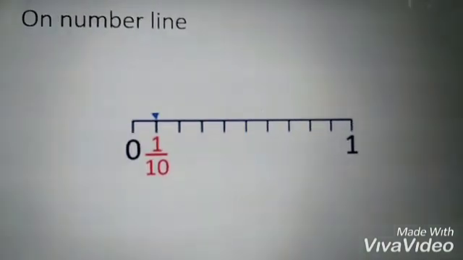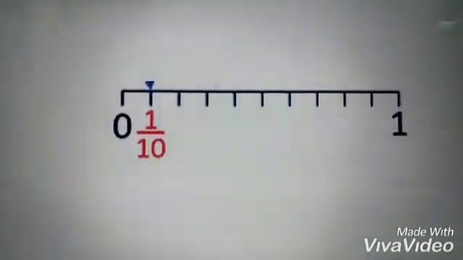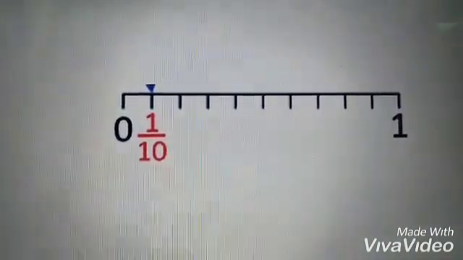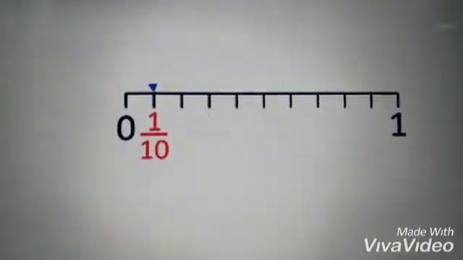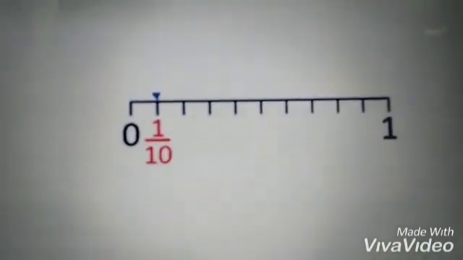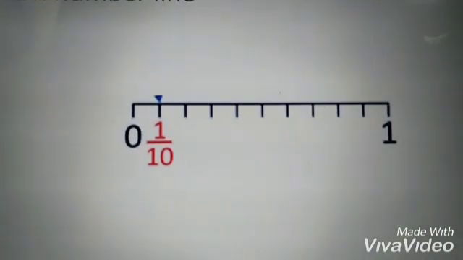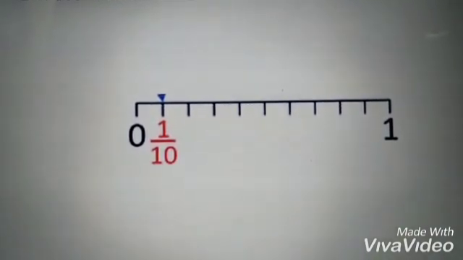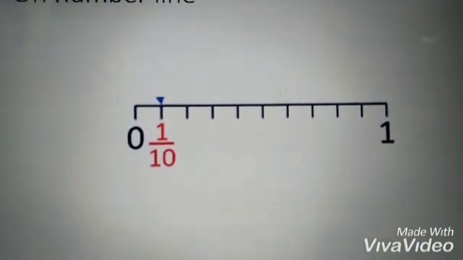We can also show the fraction 1/10 on the number line. The fraction 1/10 comes between the numbers 0 and 1. The distance between 0 and 1 is divided into 10 equal parts, and 1/10 is the first part in them.